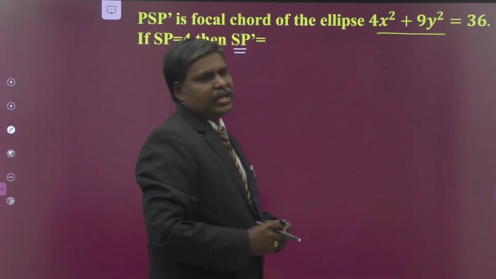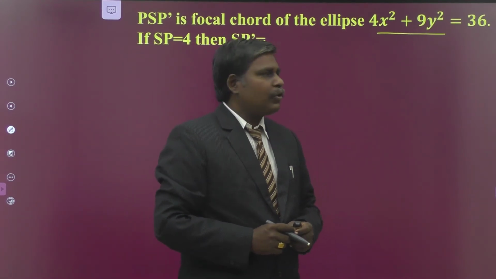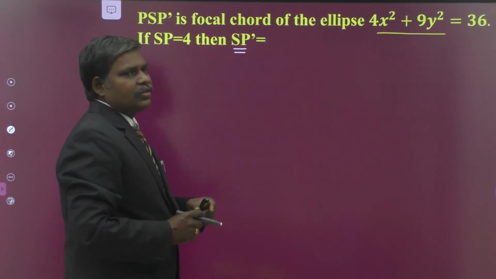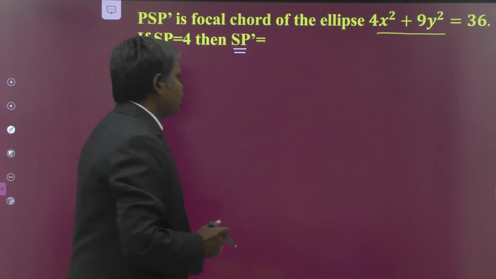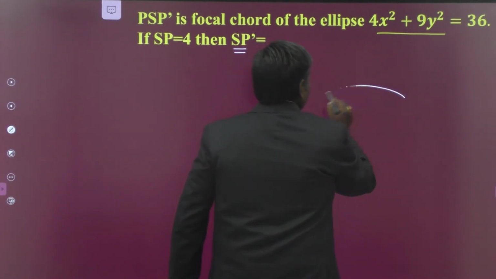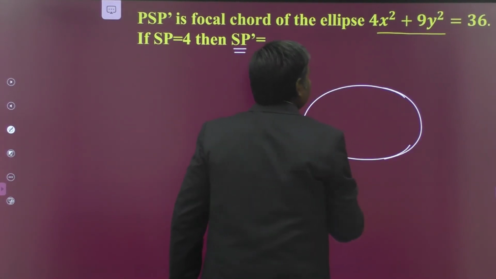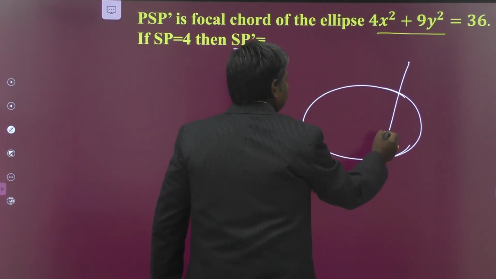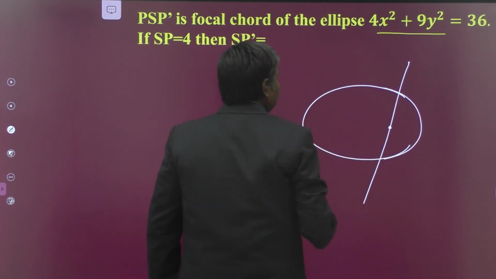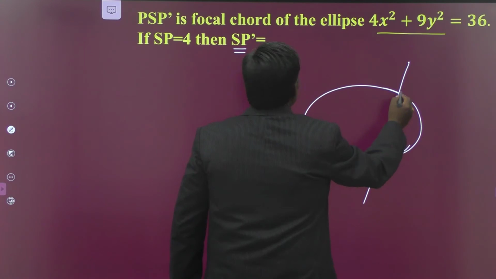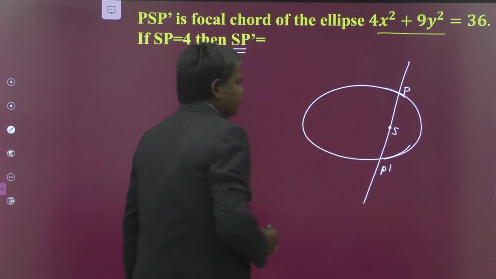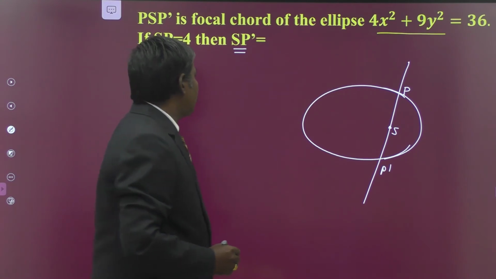A chord which passes through the focus is called a focal chord. One of the segments is given to you. You have to find the length of the other segment. So this is your ellipse. This is the focal chord: it is S, it is your P, and it is your P dash. PSP dash is your focal chord.